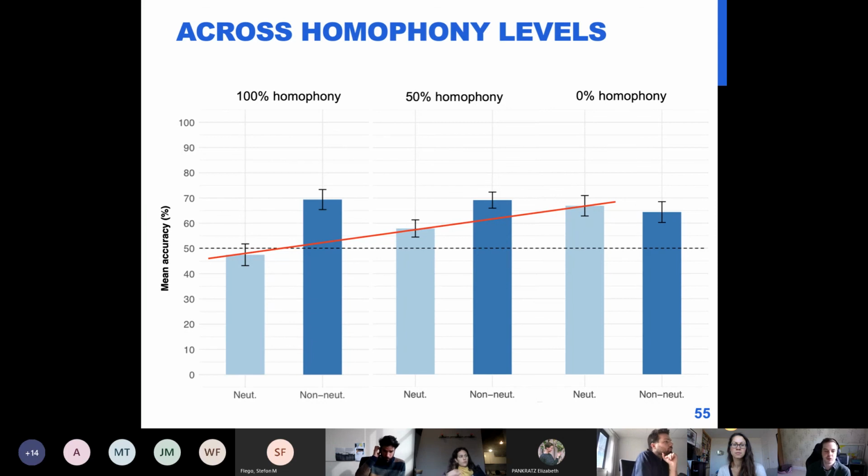They learn them pretty fine. But when there is some amount of homophony, people do worse. And it seems like the more homophony there is, the worse they do. It is also the case that statistically, at least, whenever there was any homophony, people didn't really learn it. They were statistically at chance level.